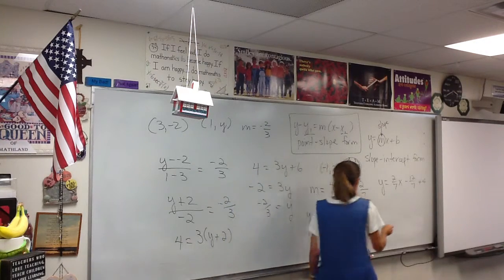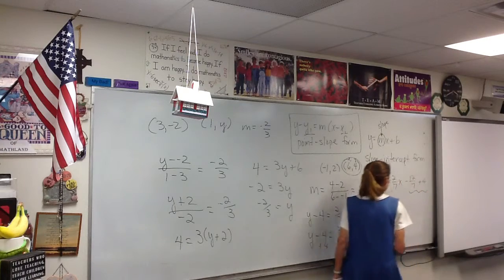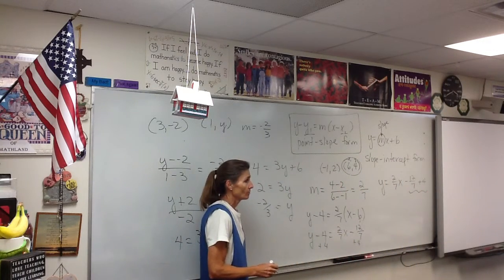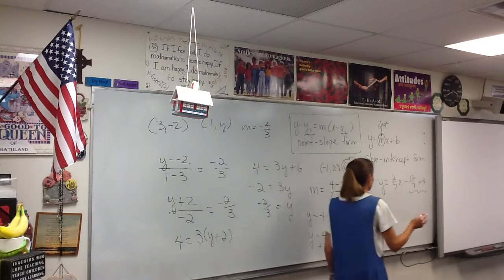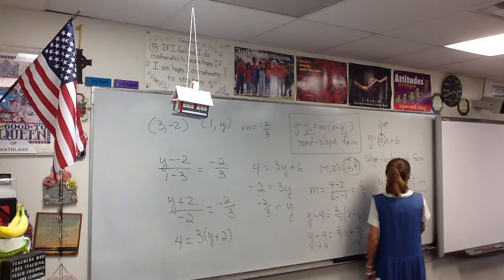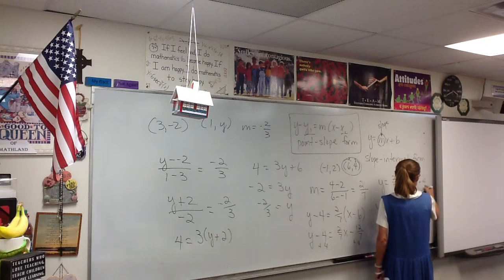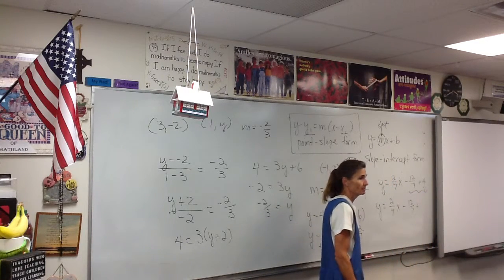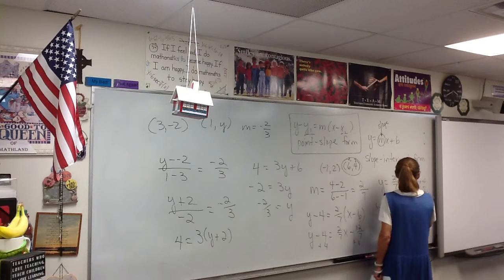Now, I got to take care of this. We get a common denominator. Now, in a minute, I'm going to show you how to do it on your calculator, too, if you don't already know. What's the common denominator? So 4 over 1 is how many sevenths? 28.